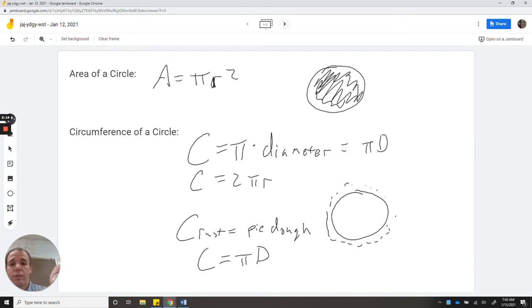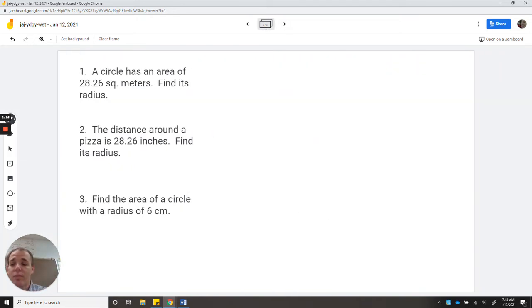So let's go over here now. Let's look at a couple problems here. So the first one, a circle has an area of 28.26 square meters. Let's find its radius. Actually, we're going to start with number 3 down here.